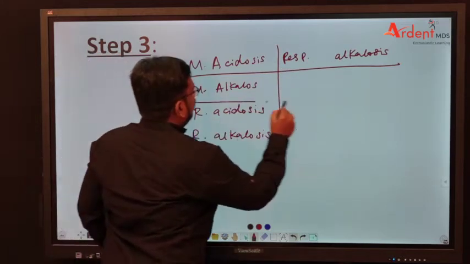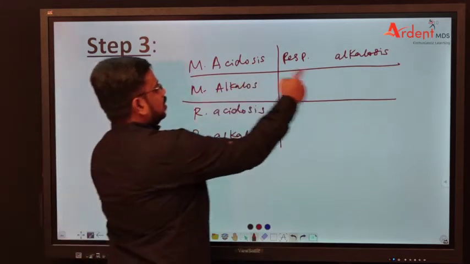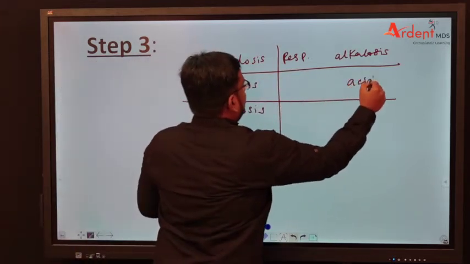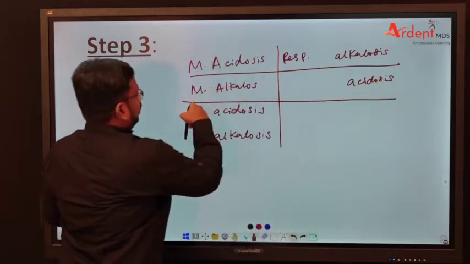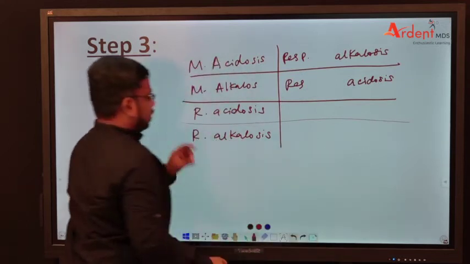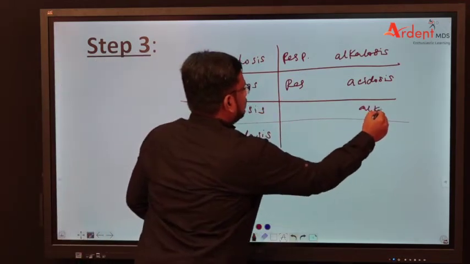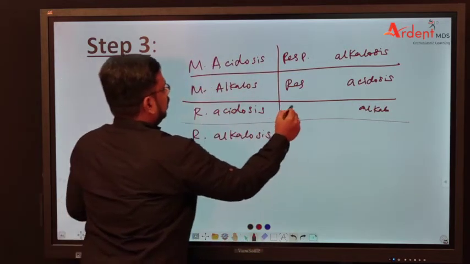Now tell me the compensatory mechanism of metabolic alkalosis. Alkalosis, opposite is acidosis, metabolic opposite is respiratory. Good. Compensatory mechanism of respiratory acidosis: acidosis opposite is alkalosis, respiratory opposite is metabolic.